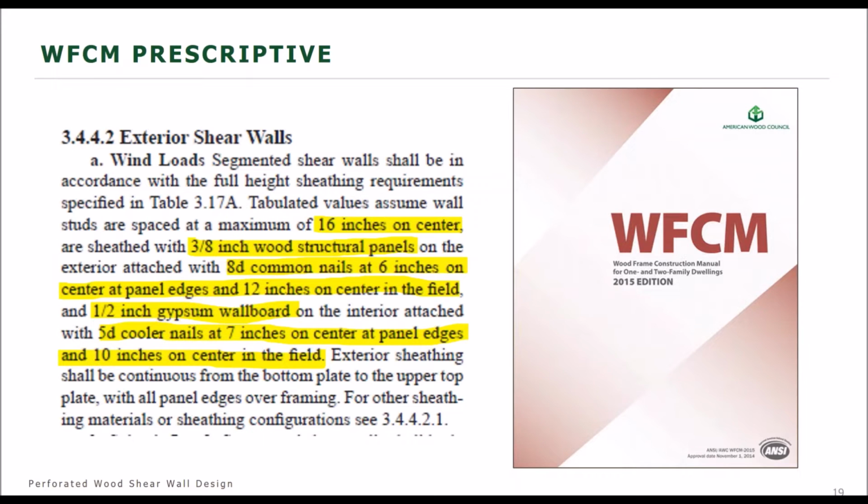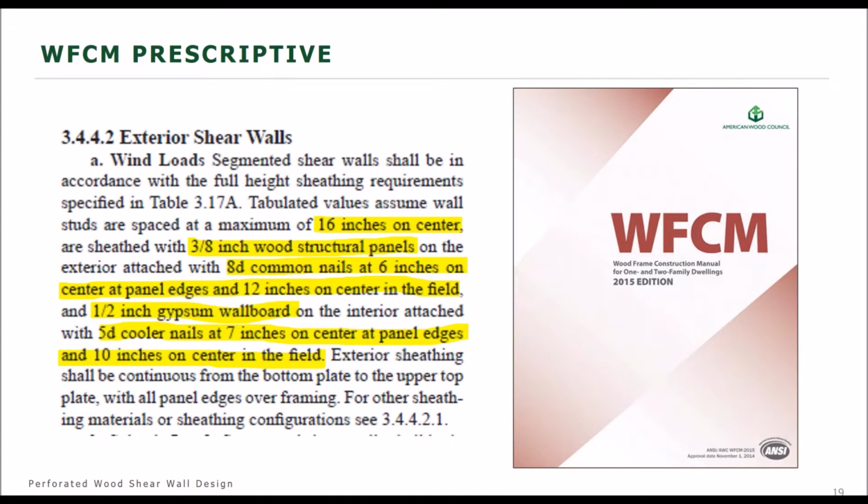Now, when we talk about a lot of these tabulated results and tabulated approaches in the Wood Frame Construction Manual, those tables are all based on what we call our quote-unquote baseline wall. That baseline wall is described here in section 3.4.4.2. The wall will be constructed with studs at 16 inches on center, and for the exterior of the wall, we assume 3/8 inch thick wood structural panels, and they would be blocked.